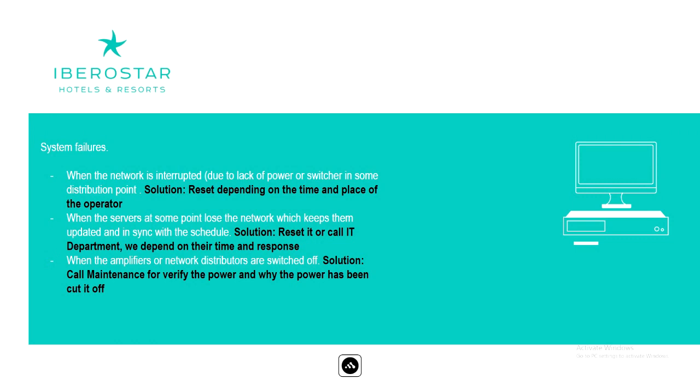By protocol, audiovisual doesn't restart any breaker from maintenance, because at the end that breaker is a security device against overload. If that device tripped, it is because there is a problem. Maintenance needs to verify that before anybody unauthorized turns the electricity back on, because it can cause a fire or burn other electrical networks.